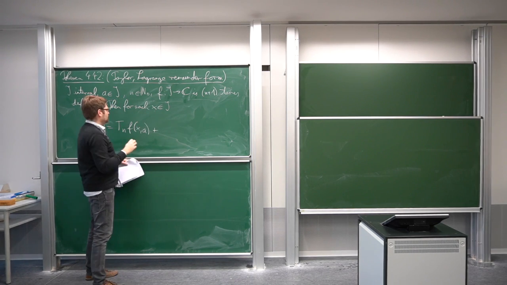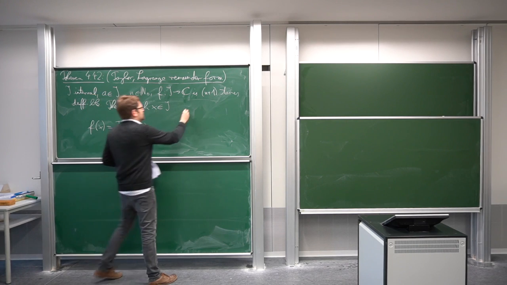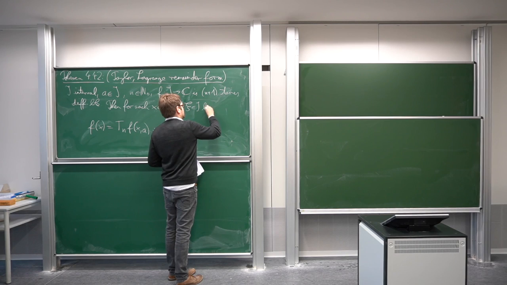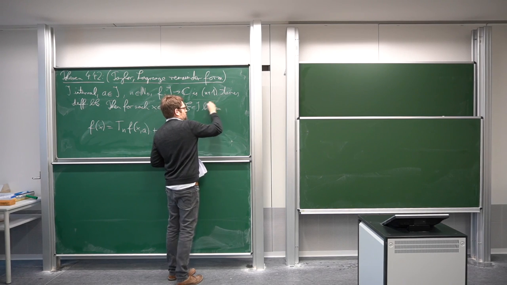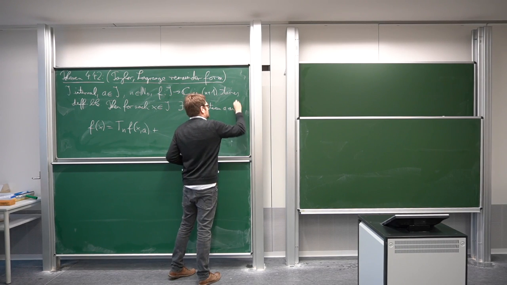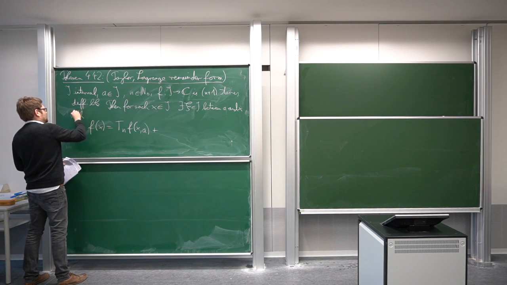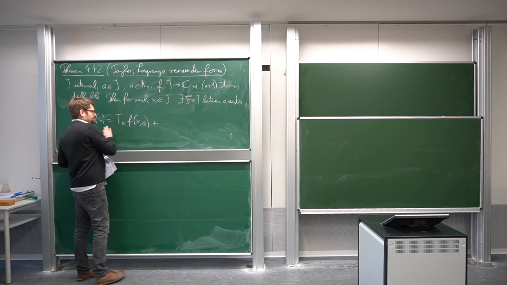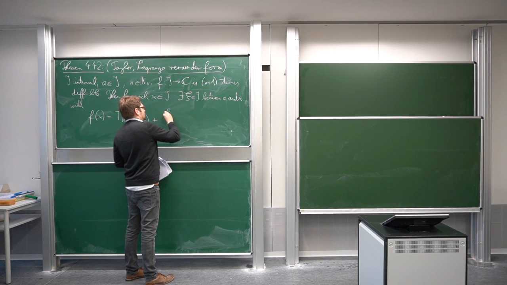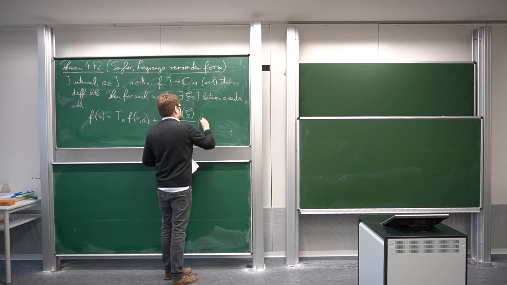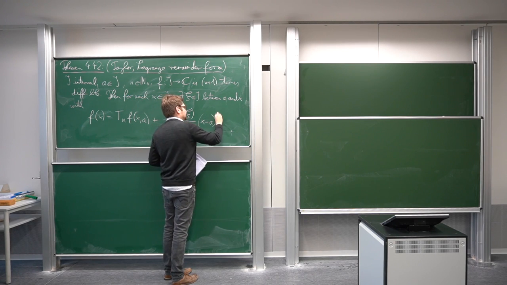So you have to be a bit careful. Namely, for each x in I, there exists some xi in I, which lies between a and x, and such that the following holds. f of x is its nth Taylor polynomial plus the n plus first derivative at xi divided by n plus 1 factorial times x minus a to the n plus 1.